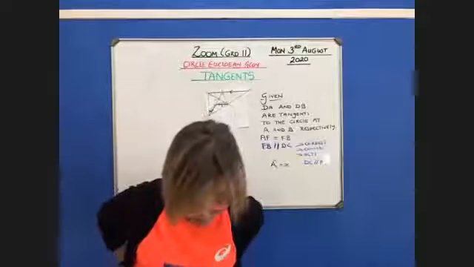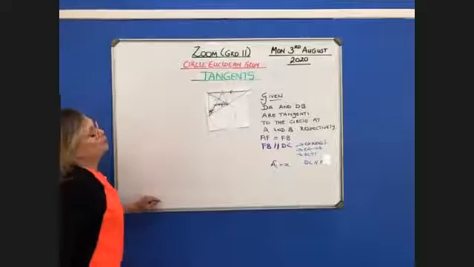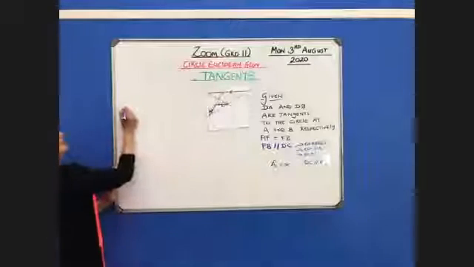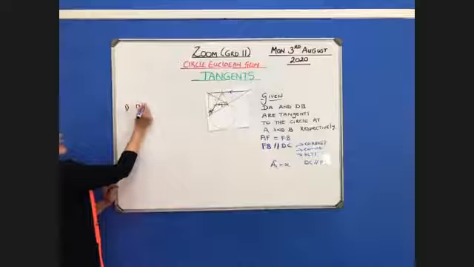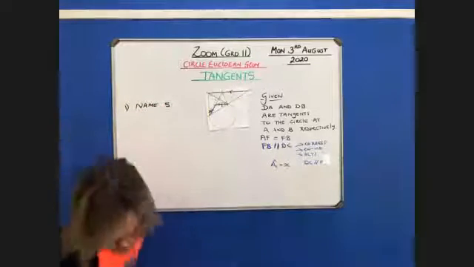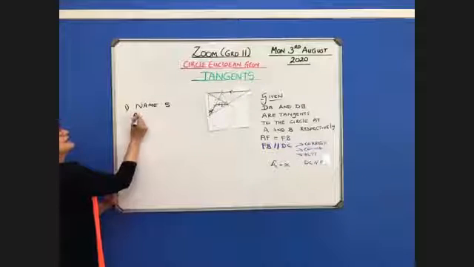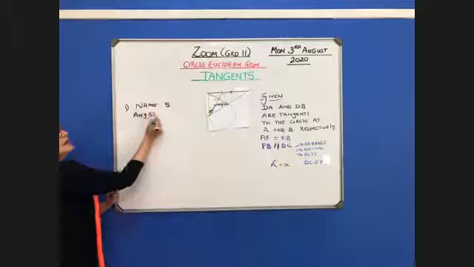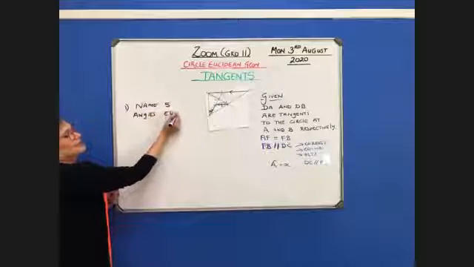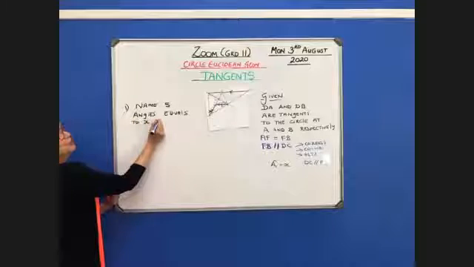We might not get through all these questions today, but the first question said, name 5 angles equal to X.